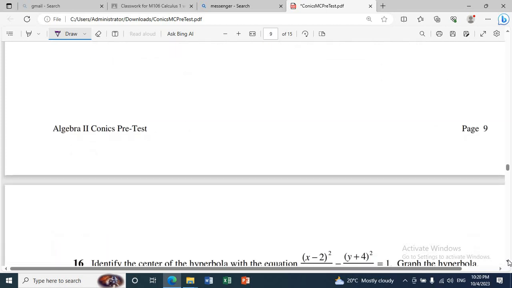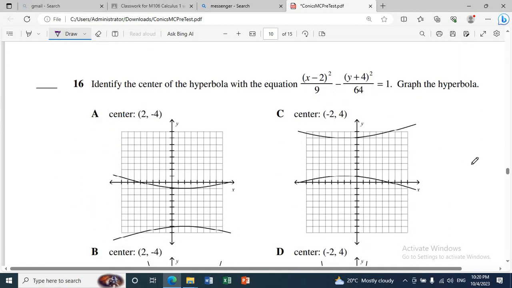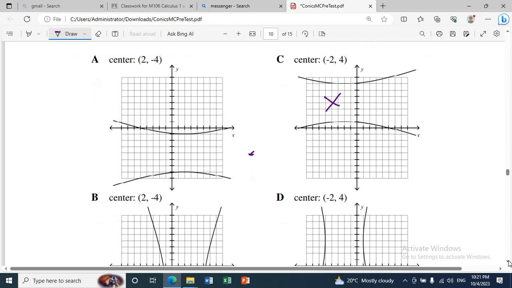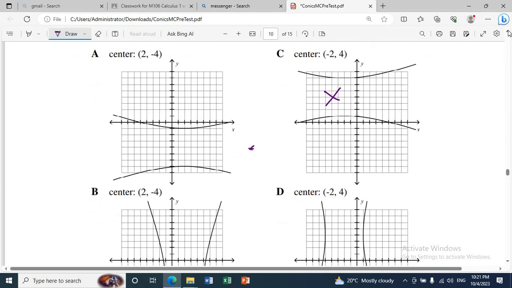Number 16, identify the center of the hyperbola with the equation. So the center is 2, negative 4. Graph the hyperbola. The location of the center is at quadrant 4. So this is possible. This is wrong. Its location is quadrant 2.